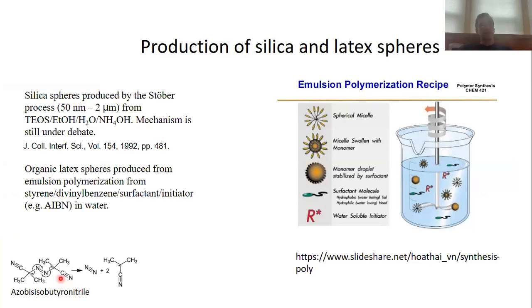Okay, and that molecule can disintegrate into nitrogen molecules and these dimethylcyano radicals. And these radicals can then react with styrene and divinylbenzene in order to polymerize the styrene.